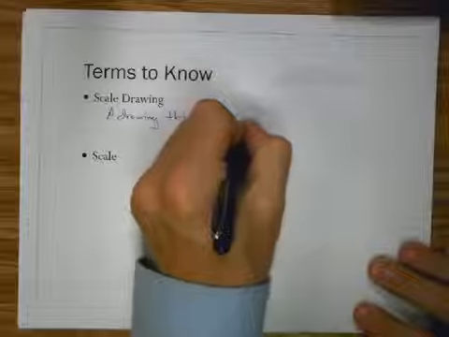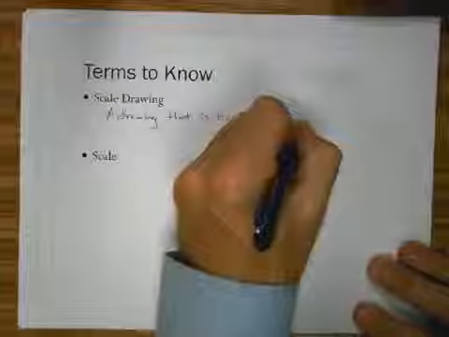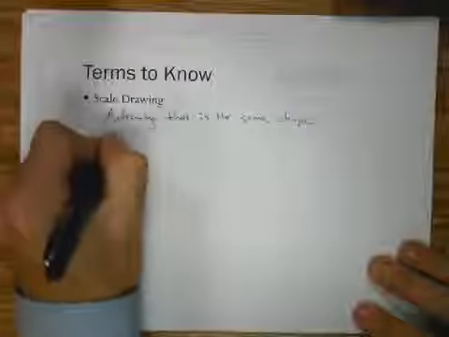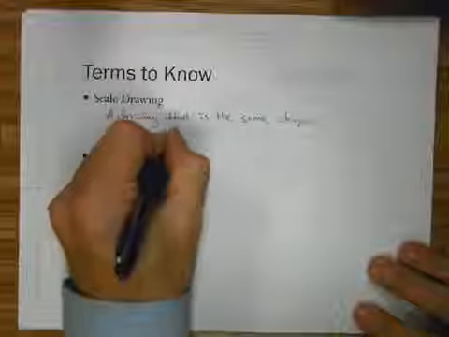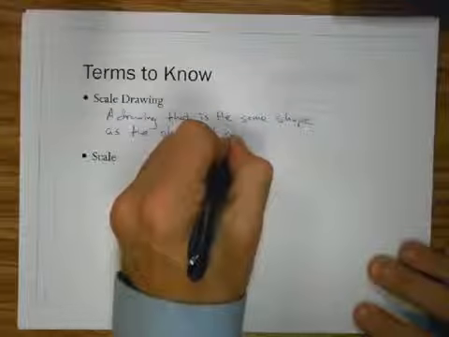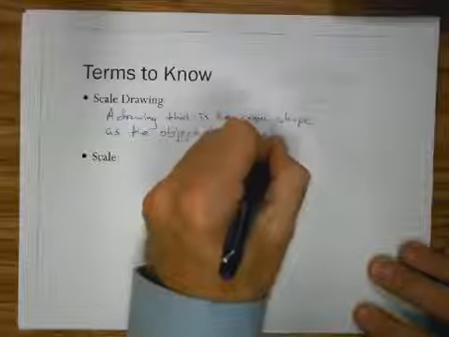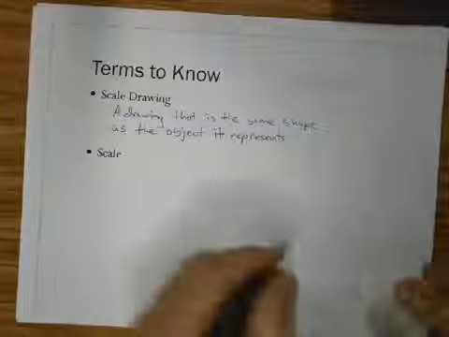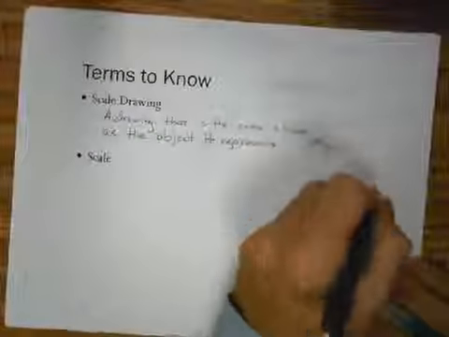Okay, last we have a couple terms to look at, and first is a scale drawing, and that's going to be a drawing that is the same shape as the object it represents.